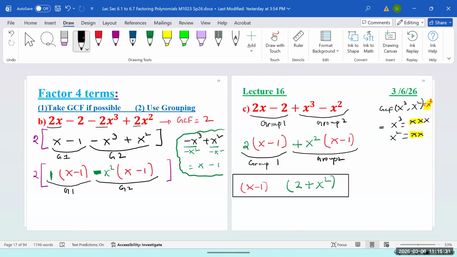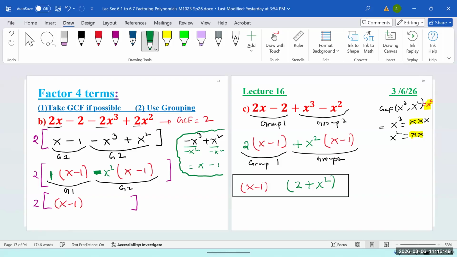Now, we still have our 2 as GCF, and if you observe the 2 groups, do you see the same thing in both groups? What do you see? So we factor out x minus 1.